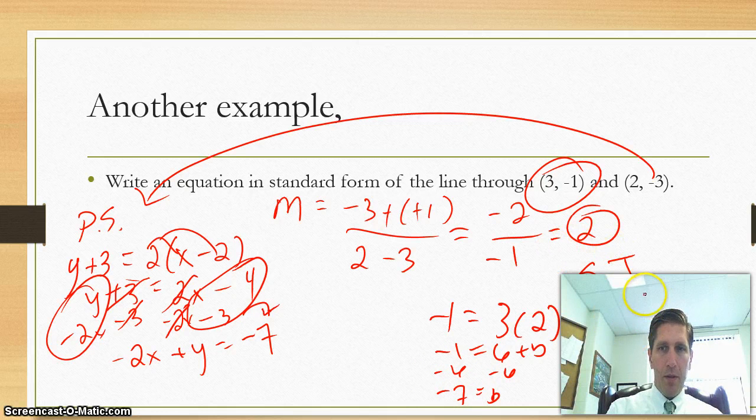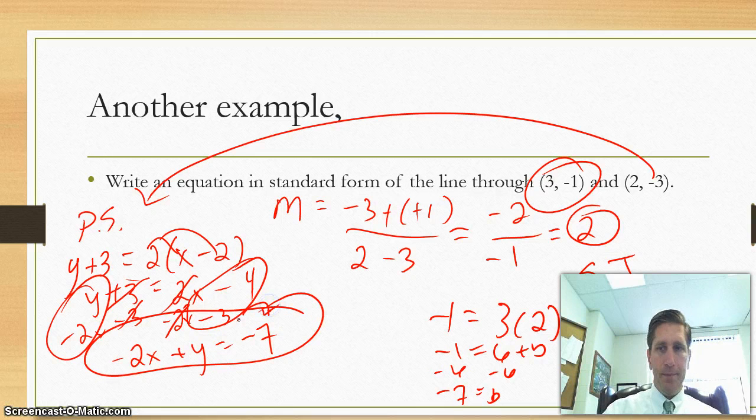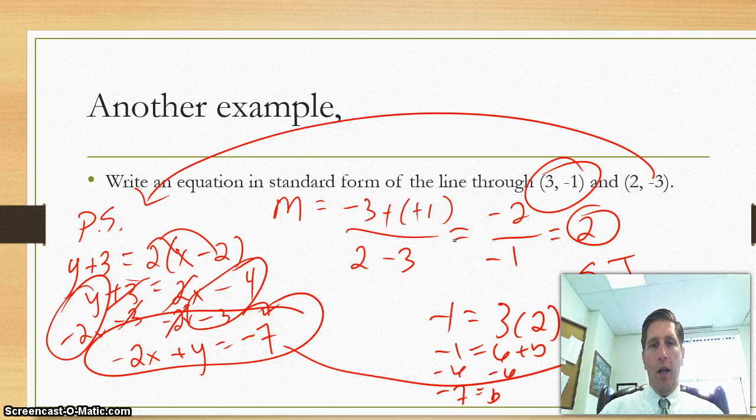So write this in slope-intercept form: y equals 2x minus 7. Subtract the 2x. Negative 2x plus y equals negative 7. So both are in standard form. Okay, we get the same solution. So you're going to have to pick which one you would like to use. I don't know if one's easier than the other, but it's to your preference.